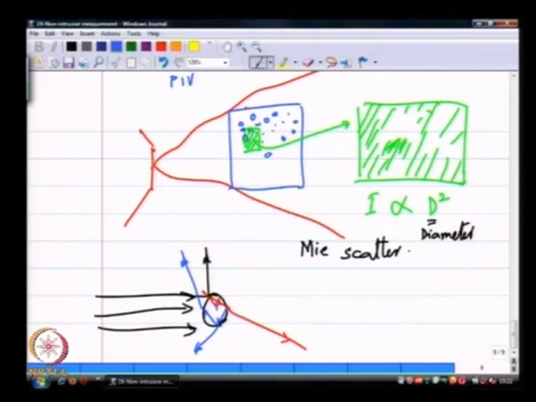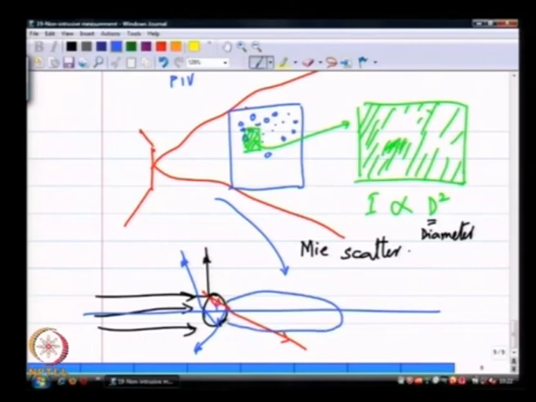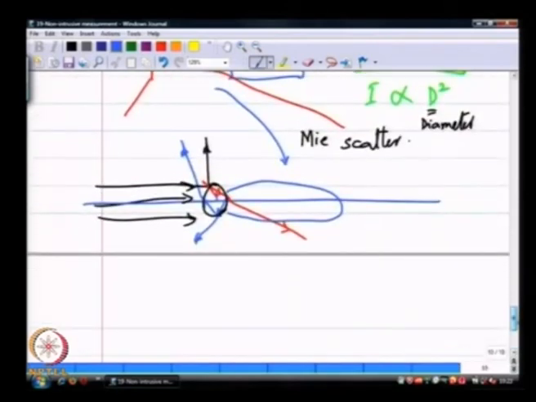That is, if I plot the intensity of the light as a function of the 360 degree angle going around the drop, it is known that there is a lobe at the center, along the axis of the light.